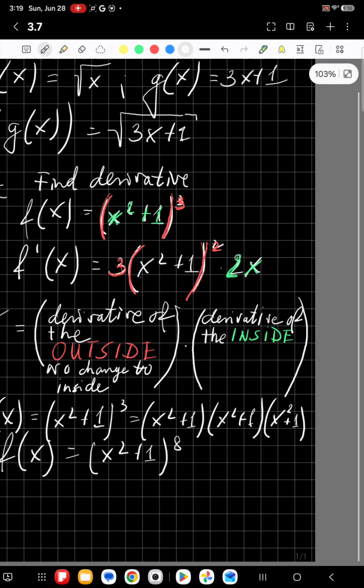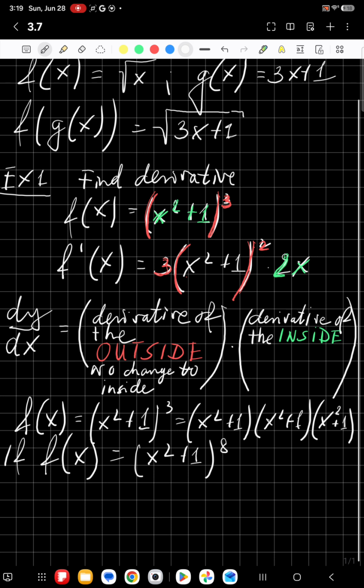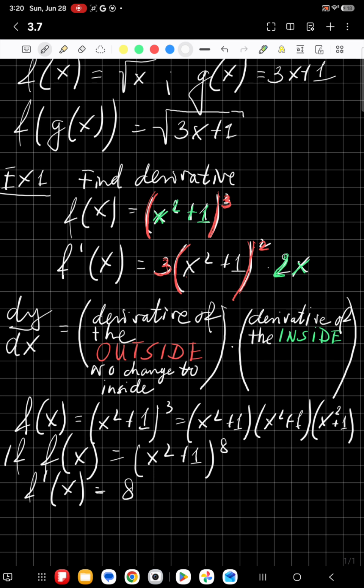But if you just wanted to calculate the derivative, that would be quite simple. f prime using the chain rule would be 8, that goes to the front, and then minus 1, so 8 times x squared plus 1 to the 7th, since the inside is unchanged, times 2x.